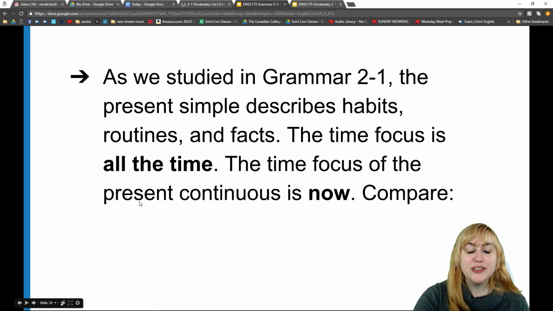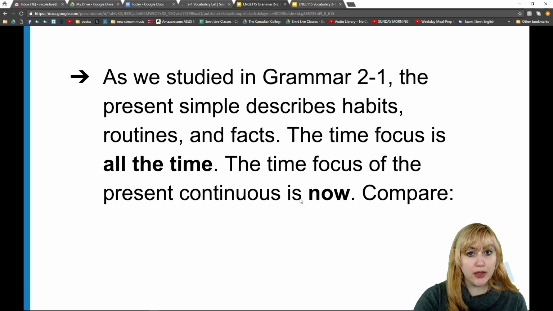Okay. So it says here, as we studied in Grammar 2-1, the present simple describes habits, routines, and facts. The time focus is all the time. The time focus of the present continuous is now.